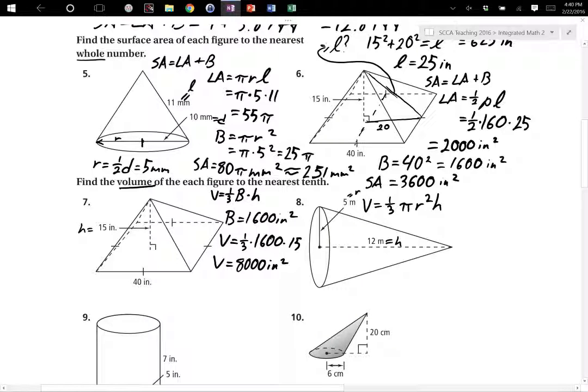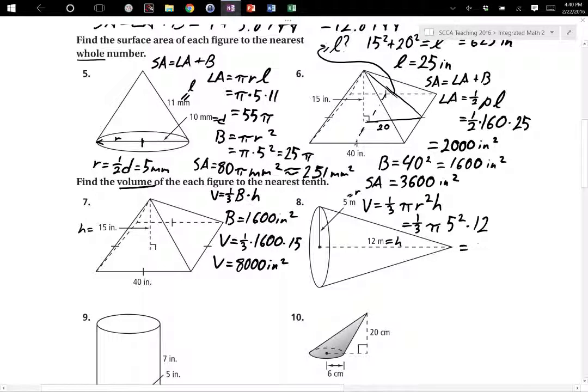H is just the height. So I have everything I need to figure this out. I'm just going to plug in. I have 1/3 pi r squared, so it's 5 squared, r is 5, times 12.